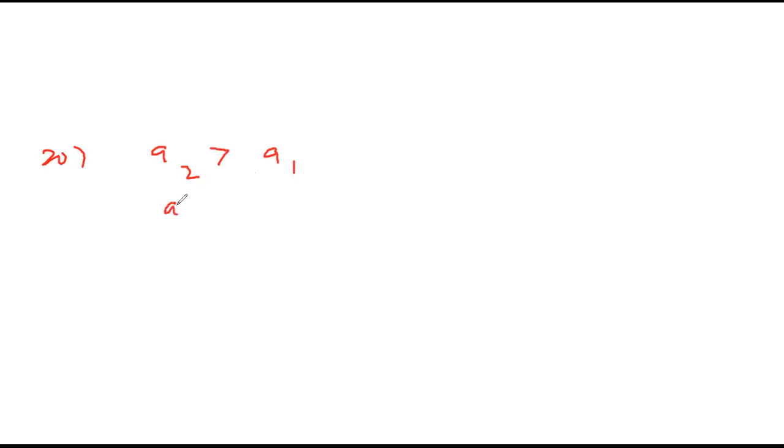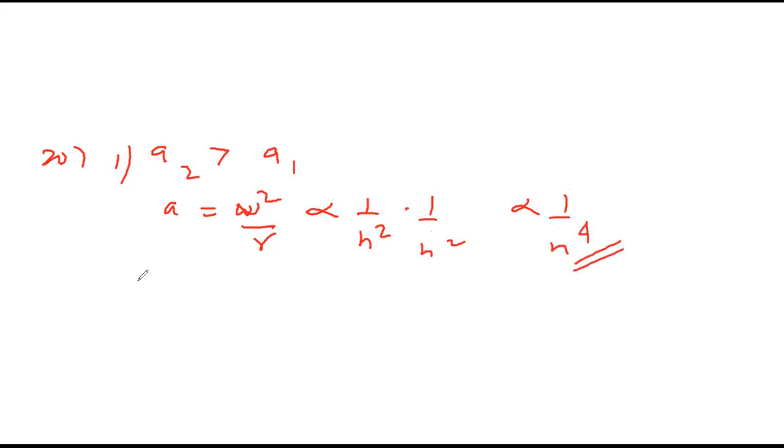What is the relation between acceleration and number of orbit? a is v square upon r. v is inversely proportional to n and r is n square. So it is 1 upon n raised to 4. That means it is inverse. So this is wrong. a2 cannot be greater, it will be less. Orbit increases, acceleration decreases.